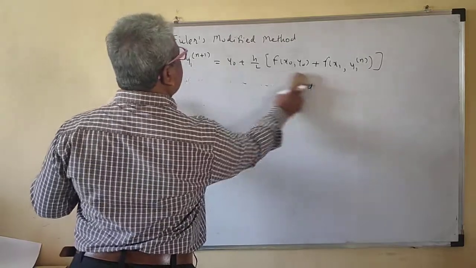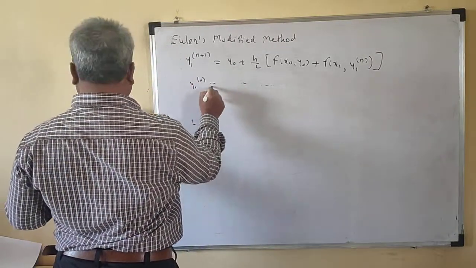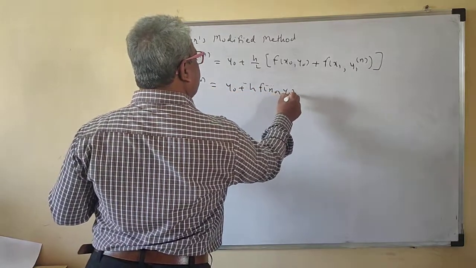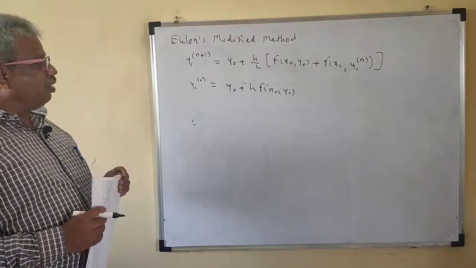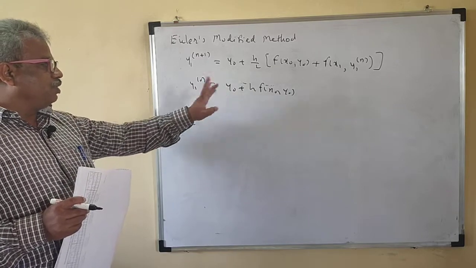Here, the value of y1 of 0 is what? You have to start from the initial value, y1 of 0, plus h f of that.